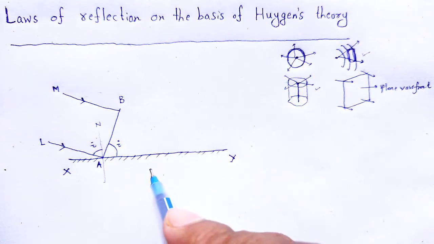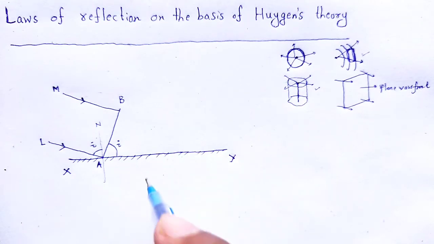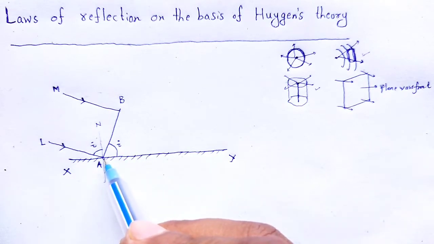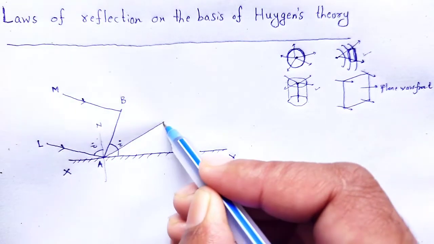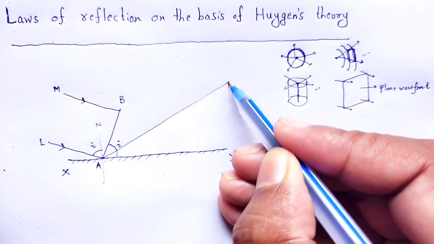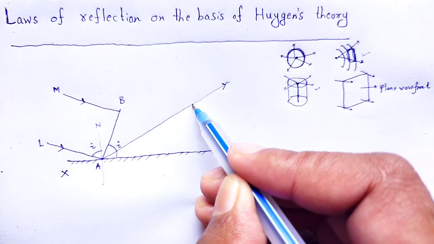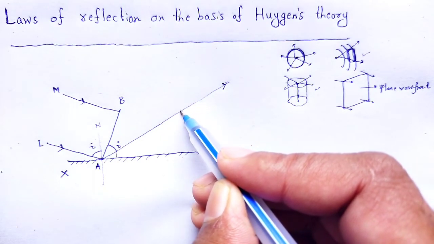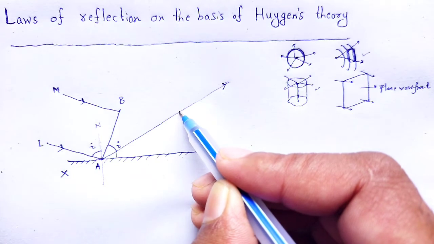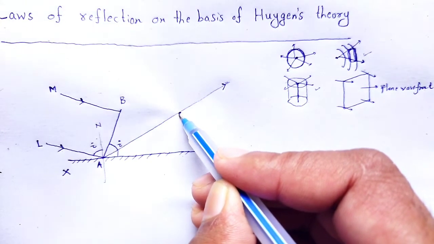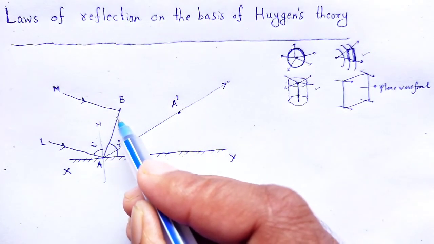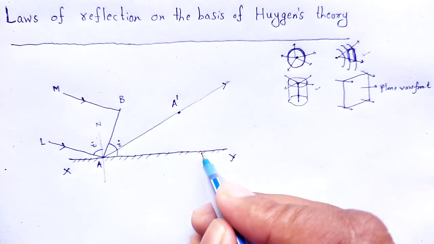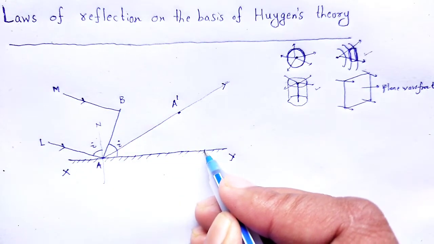After some time, that point A reaches the point A dash, and point B reaches the point B dash.